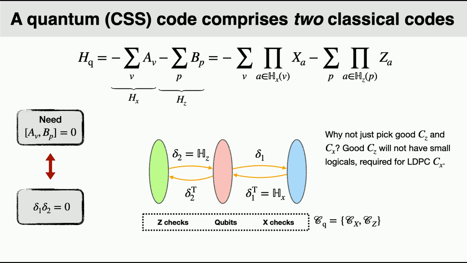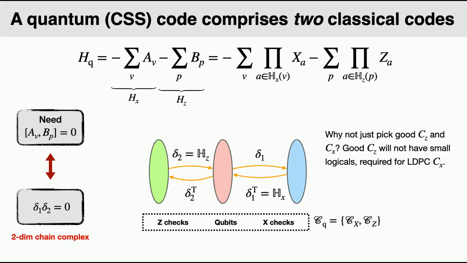So if CX is a good classical code, then its code words have to be very big. And then its code words cannot be the Z checks, which also have to be code words for your classical X code. So if you choose them that way, either they won't commute with each other or they won't be good. Okay.